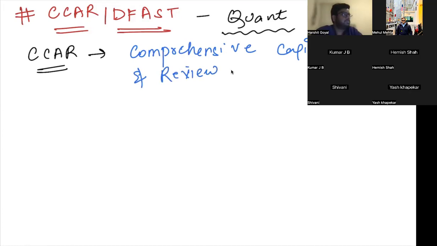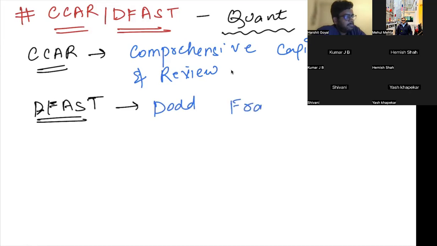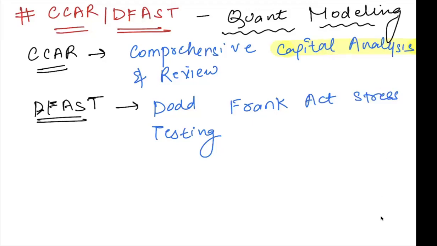Whereas DFAST, on the other hand, is nothing but Dodd-Frank Act Stress Testing. If you see the name itself, you might understand the main reason. For CCAR, the main goal is to do capital analysis. And for DFAST, the main goal is to do stress testing.